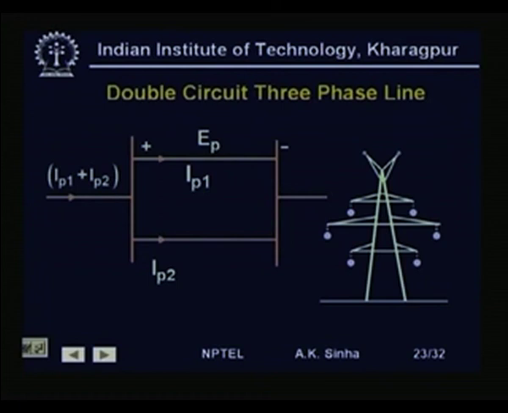So, we have IA1, IB1, IC1 of circuit 1 and IA2, IB2, IC2 for circuit 2. Now, the current flowing here will be IP1 plus IP2, which gets divided into IP1 and IP2, and maybe it is getting connected on this side. This is the system that we are showing.